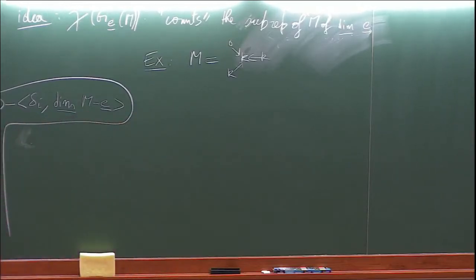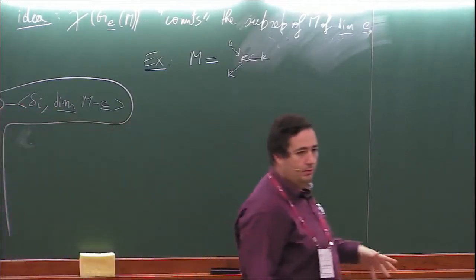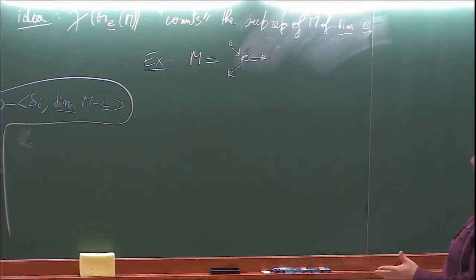So how to compute this thing? I need to do a sum over all these things, which is difficult. However, this thing is counting some sub-representations of M, so if there are no sub-representations of M of a certain dimension vector, this is 0. So I need to restrict to dimension vectors which actually are dimension vectors of sub-representations of this, and there are not so many.